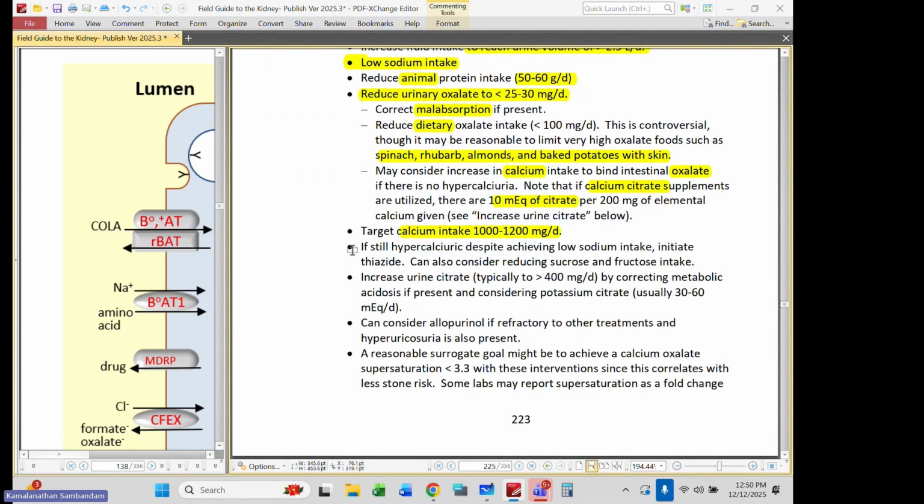Now, if I have hypercalciuria despite low sodium intake, again, that's when I'm initiating a thiazide. There are other things that can actually drive urinary calcium excretion rate, and that's simple sugar intake.